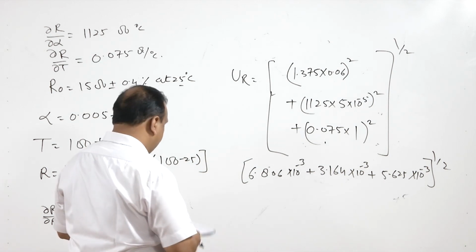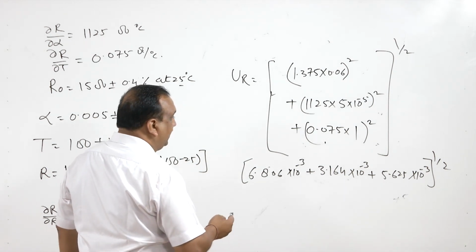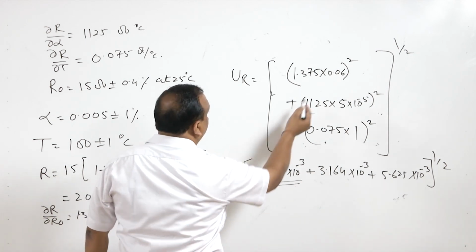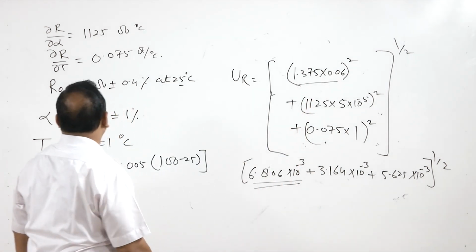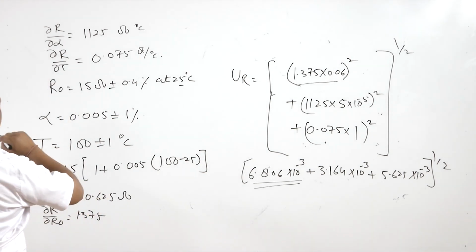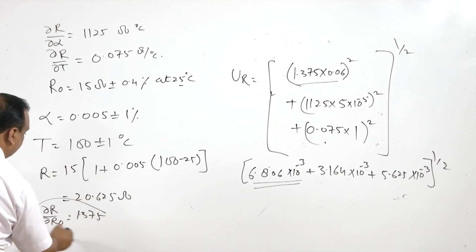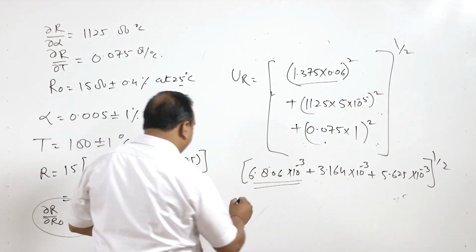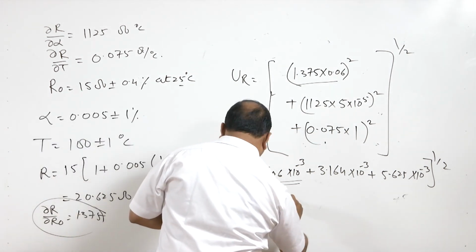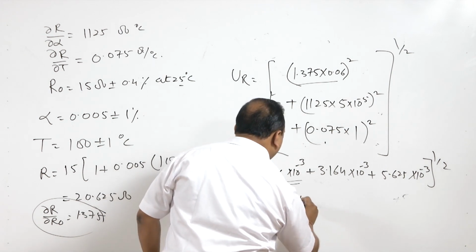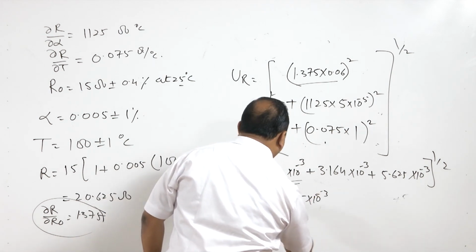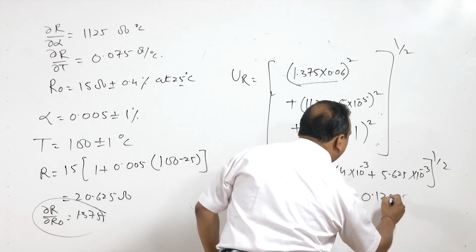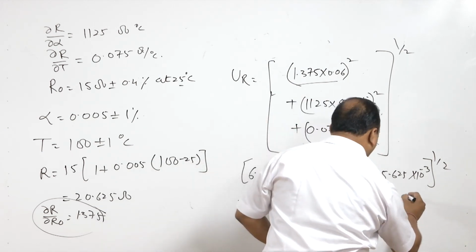And here if you see that highest contribution in uncertainty is coming from here, and this is delta R by delta RO, right. And if we further resolve this, it is going to be 15.595 into 10 to power minus 3 raised to power 1 by 2, and it is 0.125 ohms.